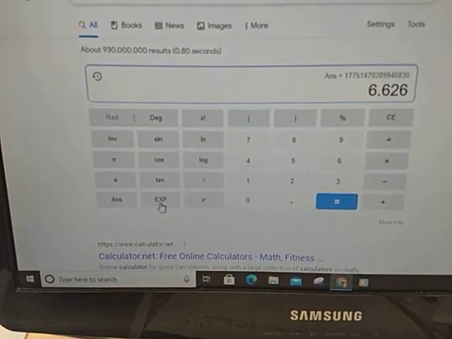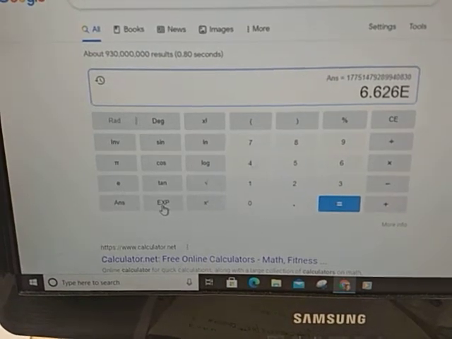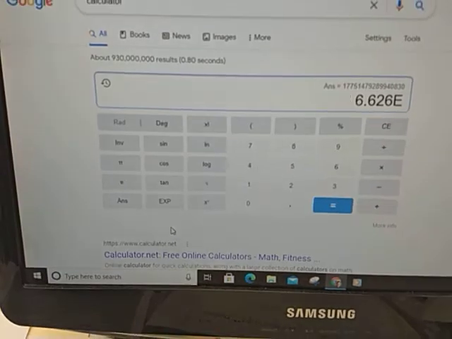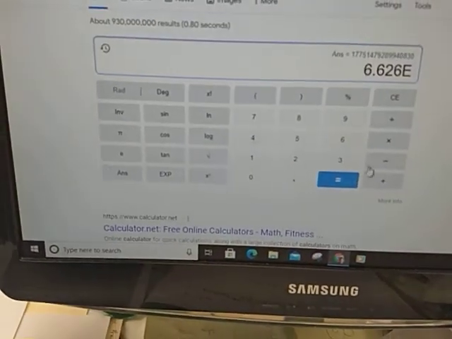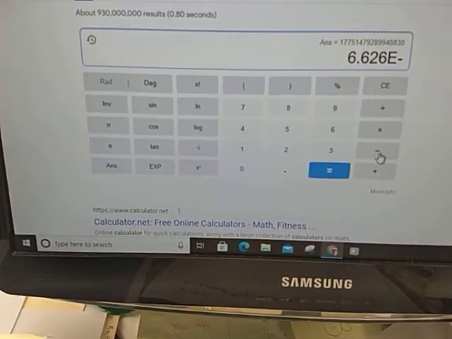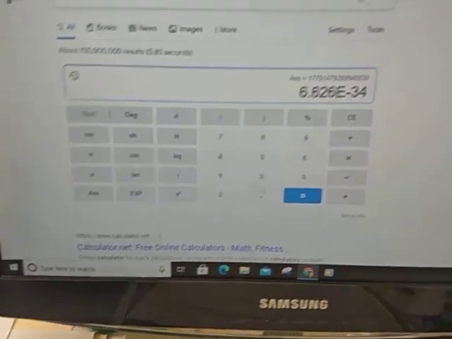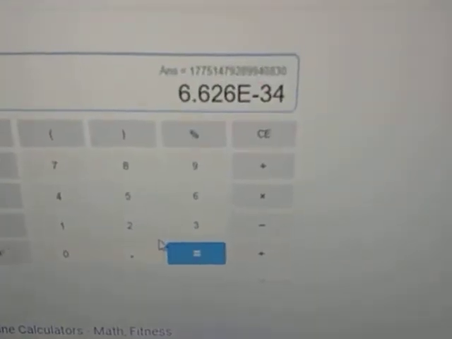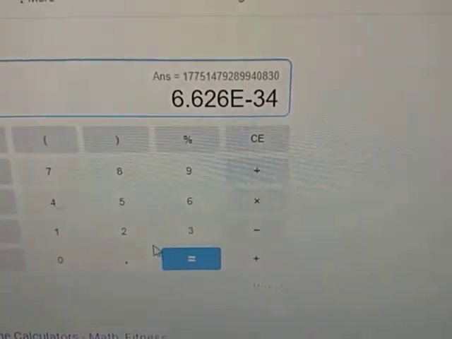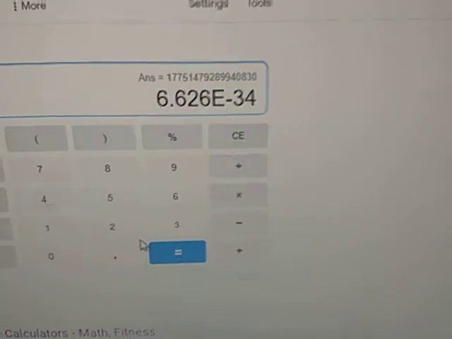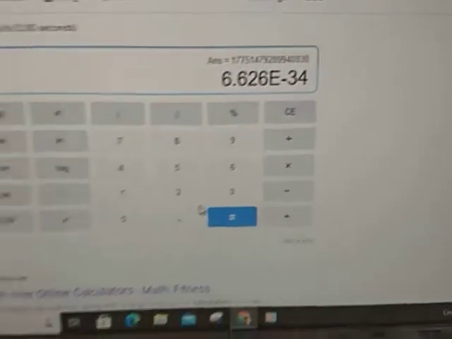That's the button you want. I type EXP, which is the same as the second function EE on the other calculator. Now all I have to do is put in the exponent, which would be negative 34. Look at how that's displayed on your screen. That E in there means times 10 raised to the power of negative 34.